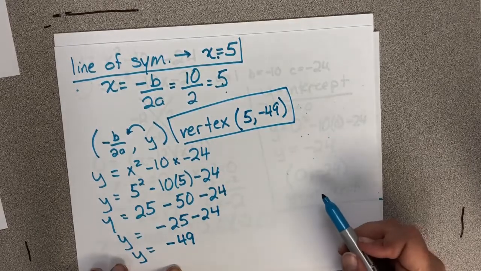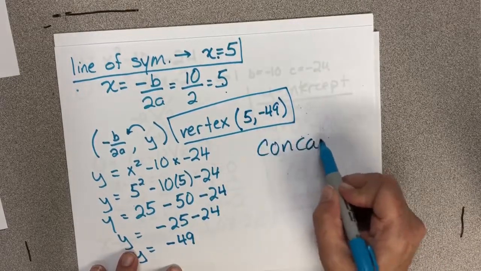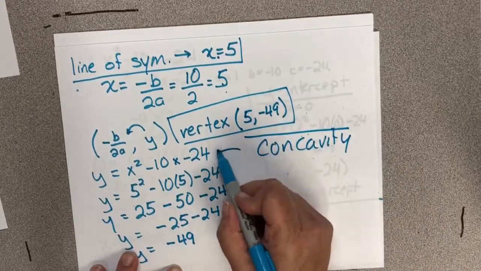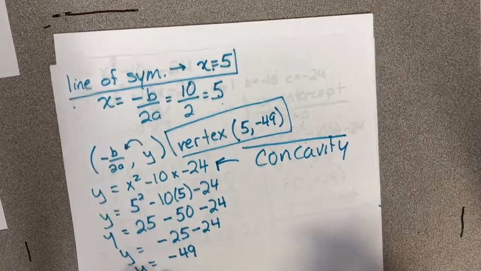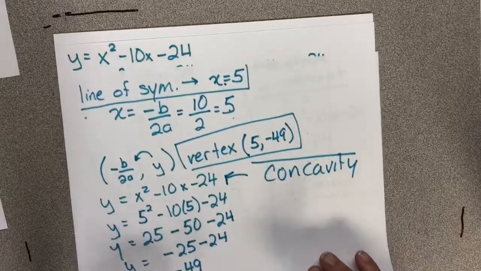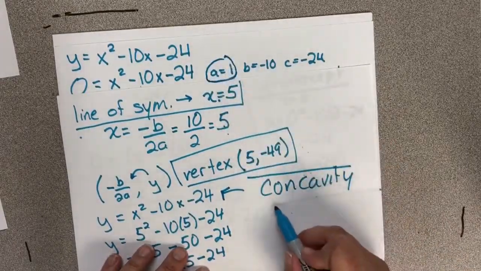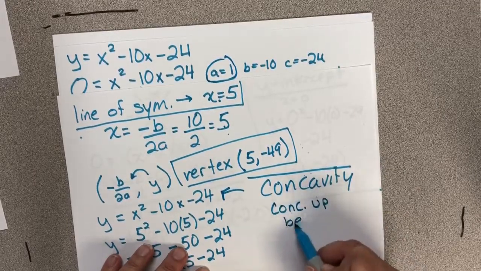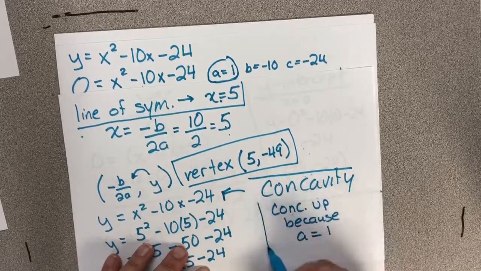The next thing that we're going to find is the concavity. Here's our equation. And our equation is concave up because we determined earlier that a equals 1. So I'm going to write concave up because a equals 1.